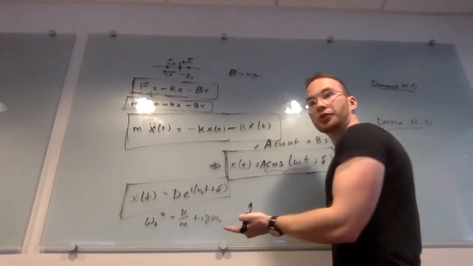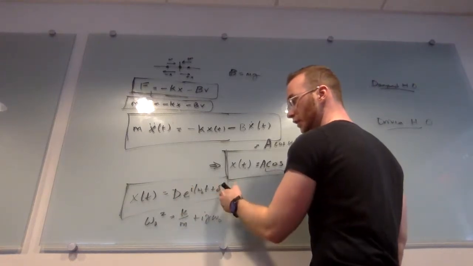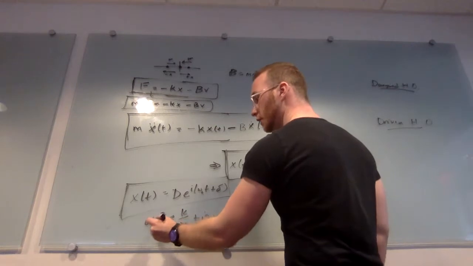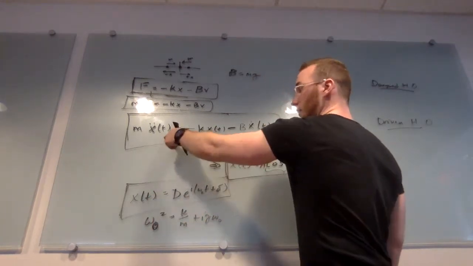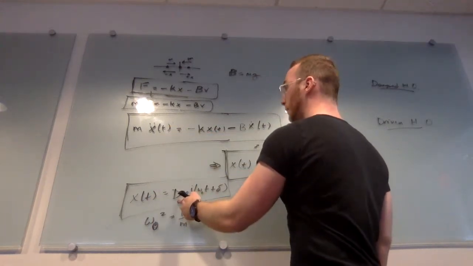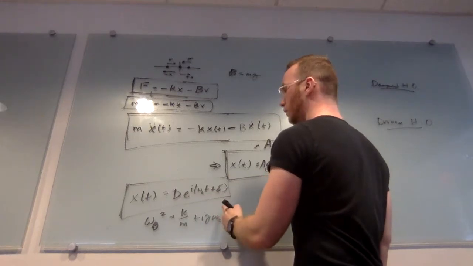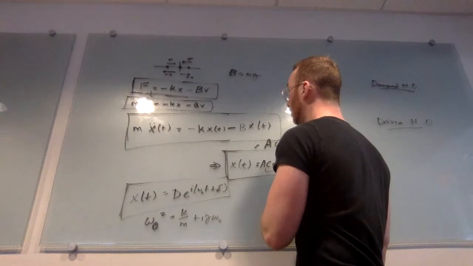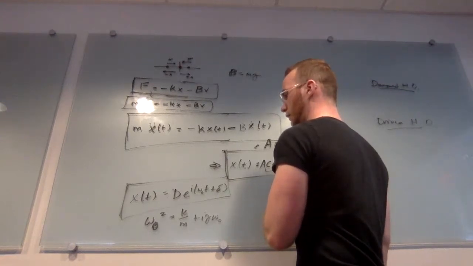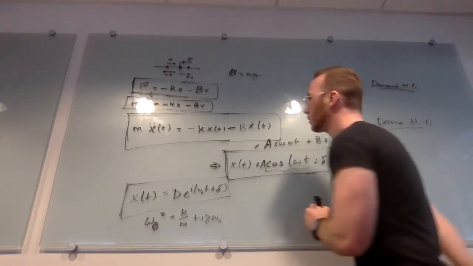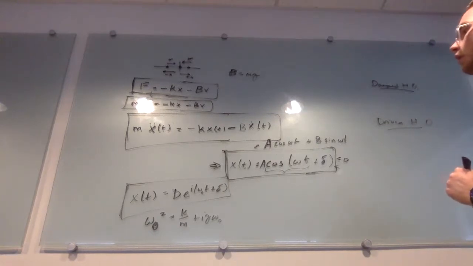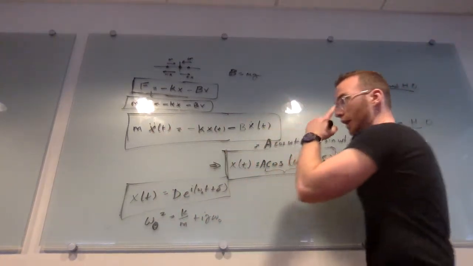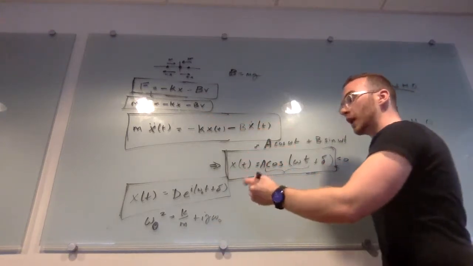This is the example solution. If you just plug this in, its first derivative and second derivative, you get an omega squared term.